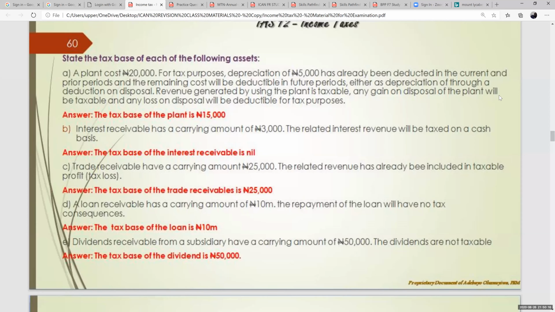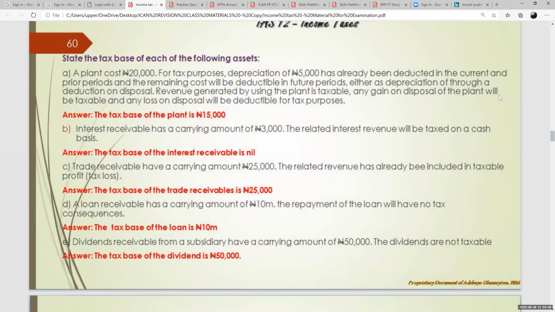And we are saying that any asset to which the economic benefit is not taxable has no tax consequence. In that regard, it means there's no temporary difference, because the carrying amount and the tax base are the same. Invariably now, I can deduce that the tax base is equal to the carrying amount of 10 million.